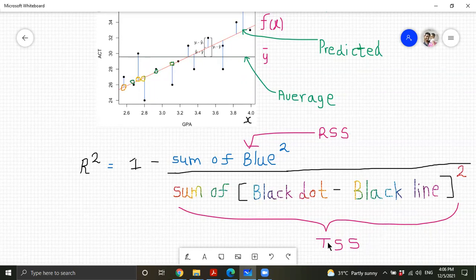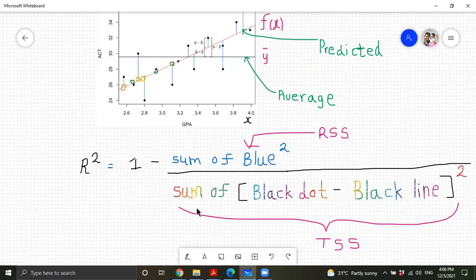After that, the total sum of squares, or TSS, is based on the difference between each black dot and the black line. We take the y values, the ACT values of the black dots, and subtract the fixed average value, then square it. If we do this for all the points and sum, we get the total sum of squares.